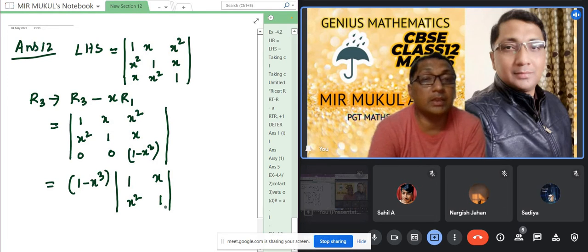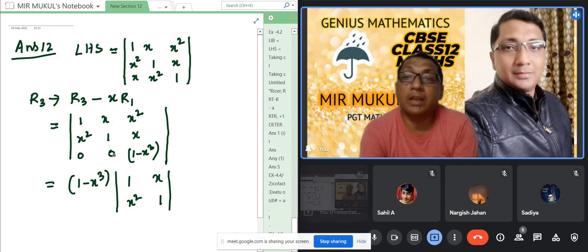Now any confusion here? Since these two elements are 0, any row or any column we can use to expand a determinant. If the third row's two elements are 0, then for this element, 1 minus x cube, into its minor: 1 minus x cube lies in the third row and third column, which you will remove. The remaining part will be the minor of this element.